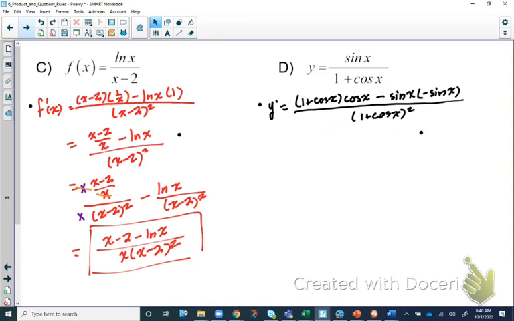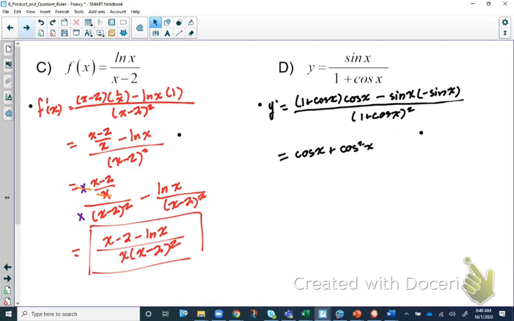Now, at this point, let's go ahead and distribute, and we'll start seeing things a little bit more clearly. Distribute the cosine of x on the left side of the numerator, and that's going to give me cosine of x plus cosine squared of x.